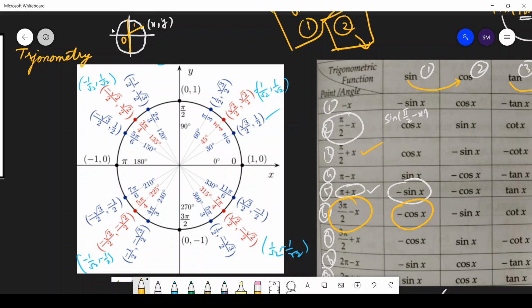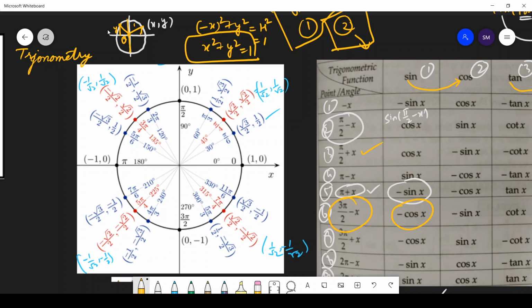Whichever point it is, you have your y coordinate and x coordinate, whether plus or minus, it doesn't matter. But the sum of their squares will always be equal to the hypotenuse square, and the hypotenuse in all cases is 1. So all the points on this circle will satisfy the equation x square plus y square equals 1.